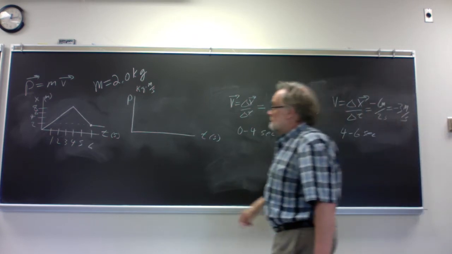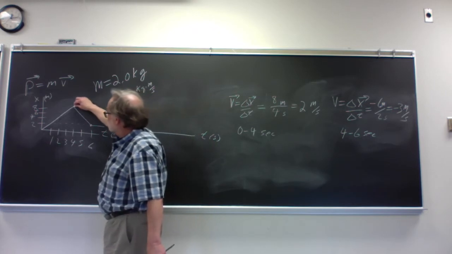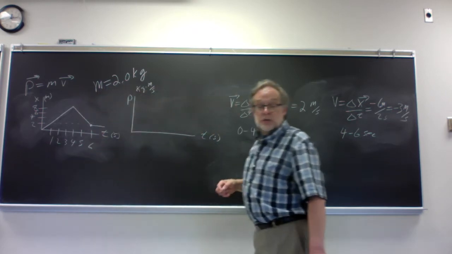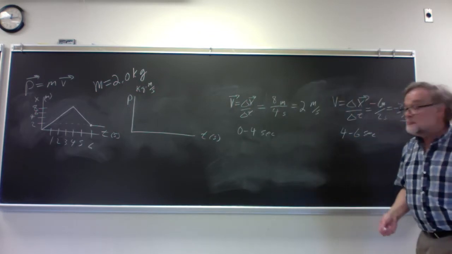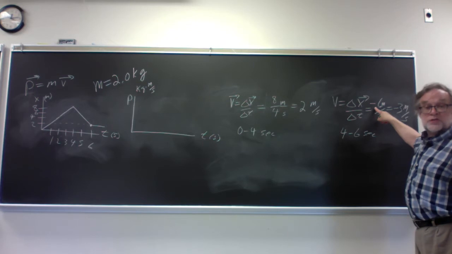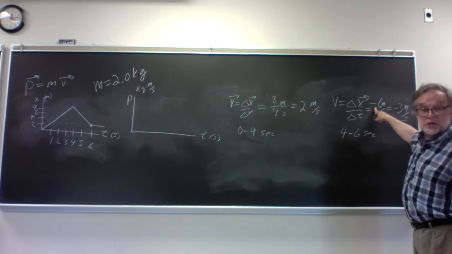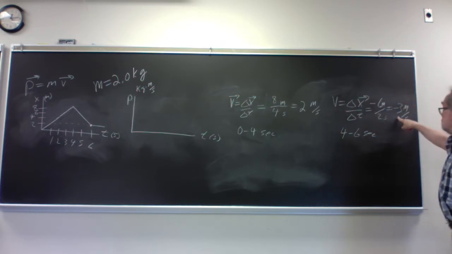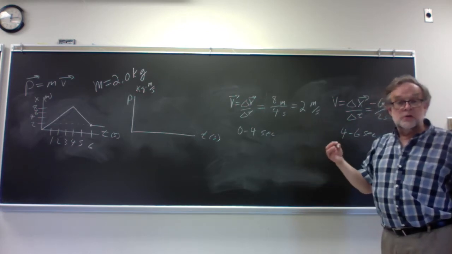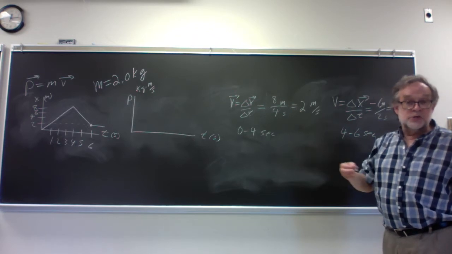And so the change in position, you go from 8 to 2. The change in position is -6. In those 2 seconds, the object moved 6 meters in the negative direction. And so -6 over 2 is -3 meters per second. So those are the velocities from 0 to 6 seconds.